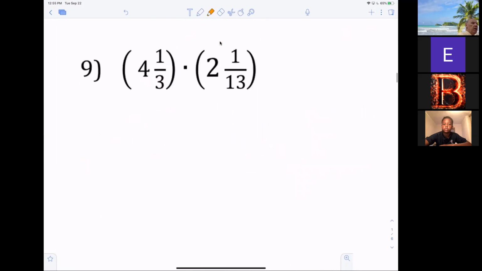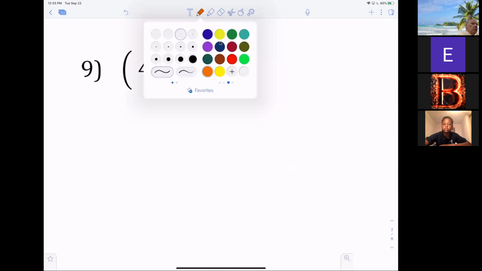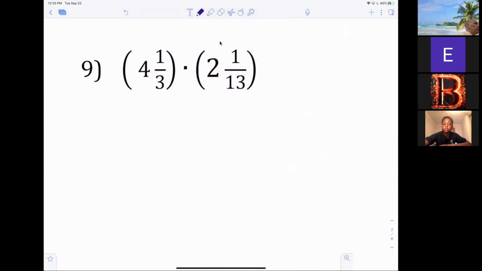All right, number 9, we got to convert. Always, we must convert to improper fractions. So 4 1/3 is the same as 4 times 3 is 12 plus 1 is 13. So 13 over 3 times 13 times 2 plus 1, and then plus 1. Oh, 27. 27 over 13.